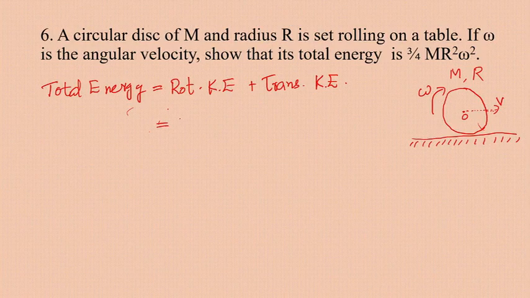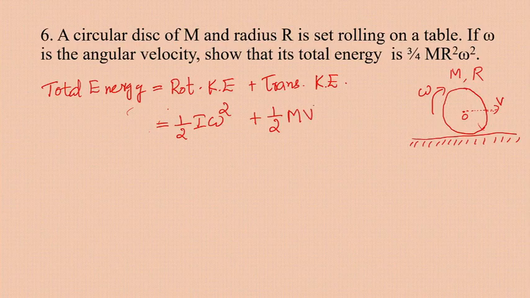The rotational kinetic energy is given by half I omega square, and the translational kinetic energy is given by half m v square. Okay. So we have to express the total energy in terms of angular velocity.